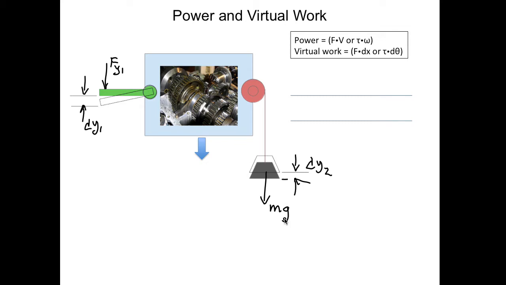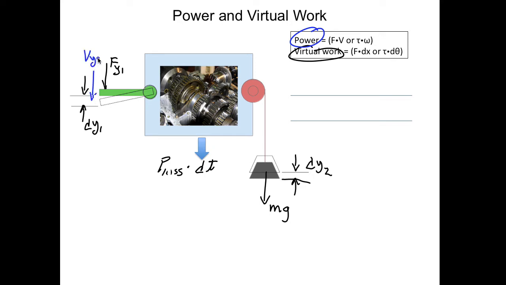But now we're going to look at the case where there's some lost work or lost energy. So if I'm talking about virtual work, I have force in motion, and I have some power loss that works over some small amount of time, dt. Alternatively, we could do this in terms of power, in which case, instead of thinking about a small motion, I'm thinking about the fact that the lever has some velocity.